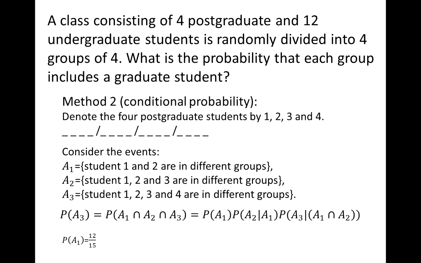For the probability of A1, it is equal to 12 over 15, since there are 12 student slots in groups other than the one of student 1, and there are 15 student slots overall, excluding student 1.